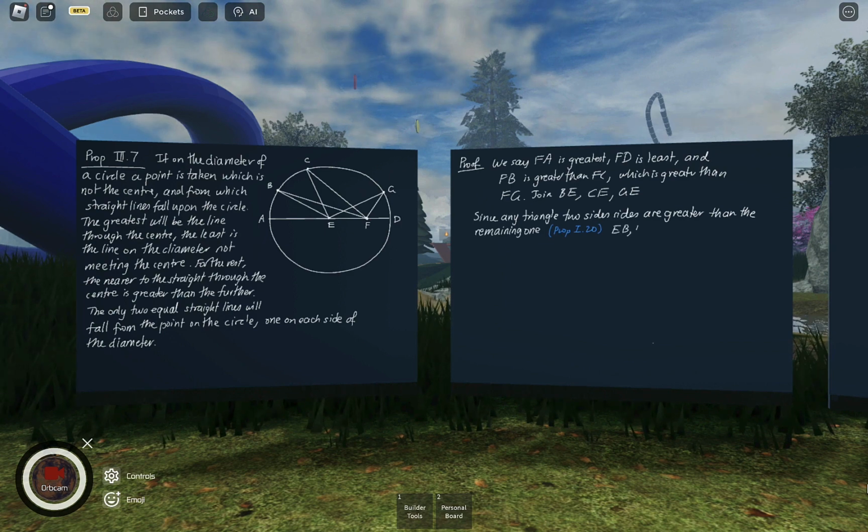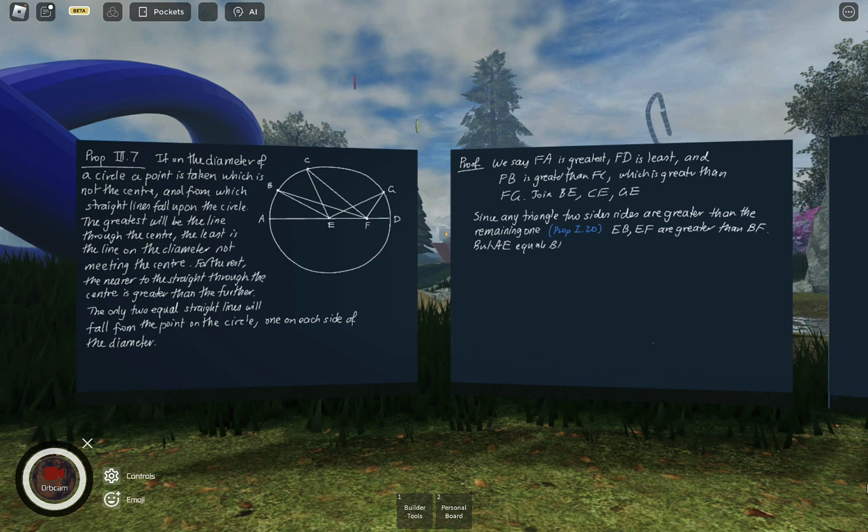If I take EB and EF together, as I add them, they're greater than BF. But AE equals BE, they're both radii. So AF is greater than BF.